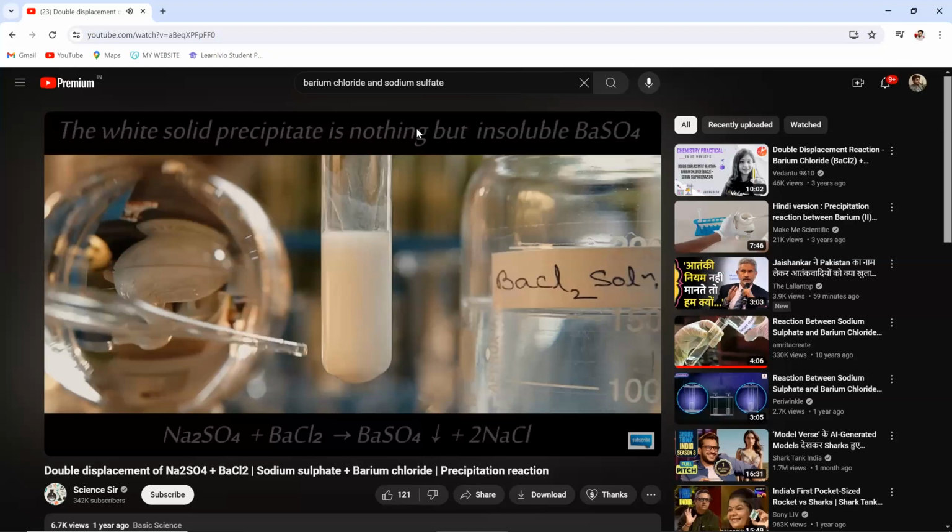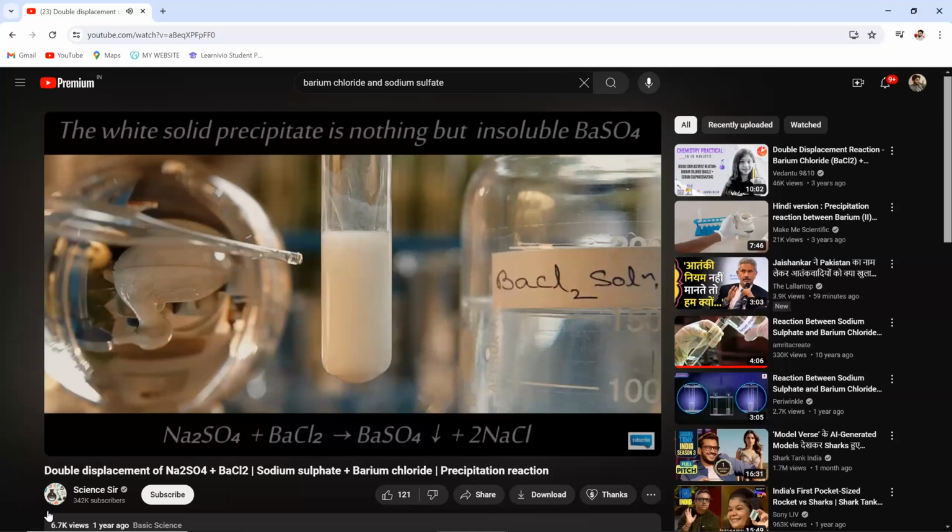One is potassium iodide, another is lead nitrate.